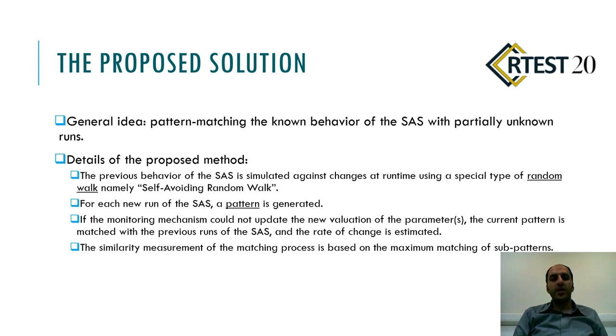For each new run of the self-adaptive system, we generate a pattern too. If some parameter is missed, we simulate the unknown step of random walk using the previous history of the system. We apply the pattern theorem to match the current incomplete pattern with previous ones and to estimate the parameters.